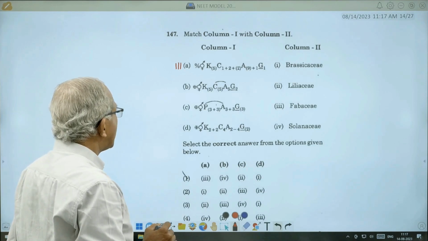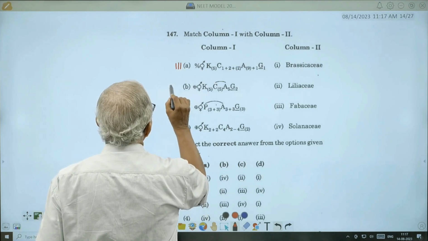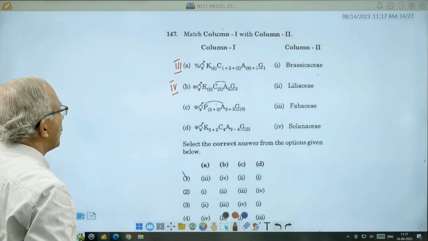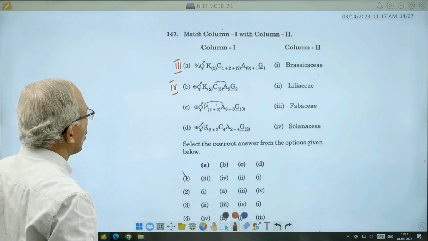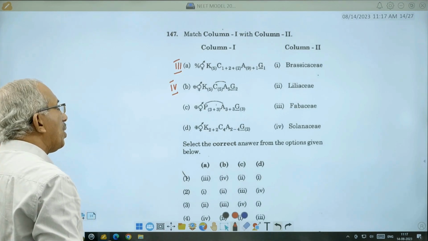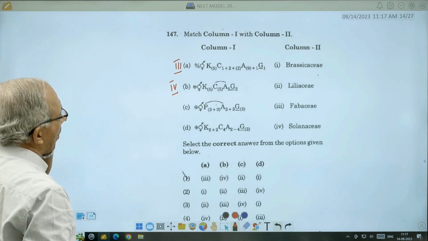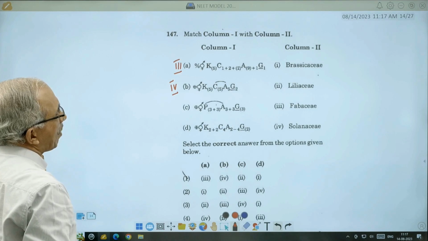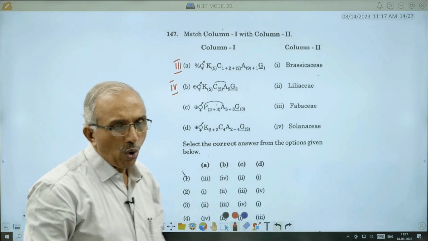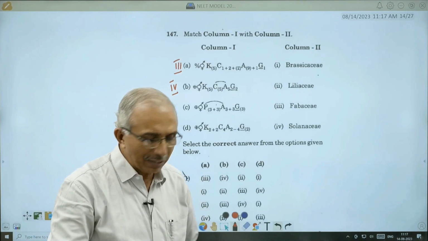Then the second one, B, the floral diagram is that of Solanaceae. Regular, actinomorphic, bisexual, K5 gamosepalous, C5 gamopetalous, A5 epipetalous, gynoecium ovary superior, bicarpellary, syncarpous.